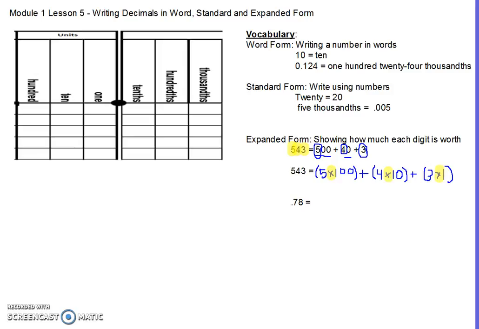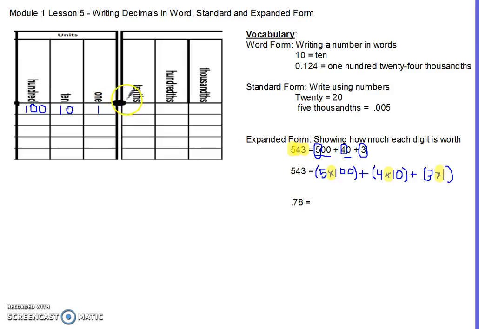All right, so now let's move on to decimals. I have here 0.78 or 78 hundredths, and I want to write that in expanded form. But first, let's take a look at, on my place value chart, what each of these columns is worth. So the ones is worth 1, tens is 10, and hundreds is 100.